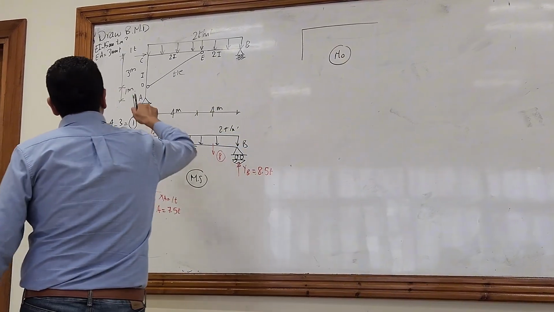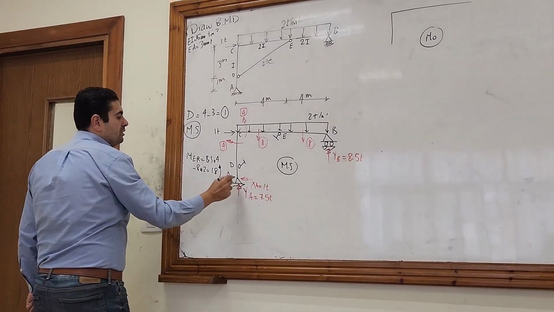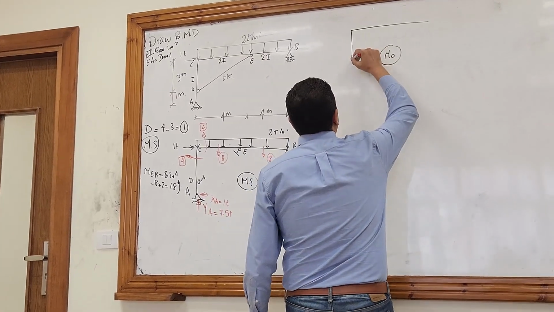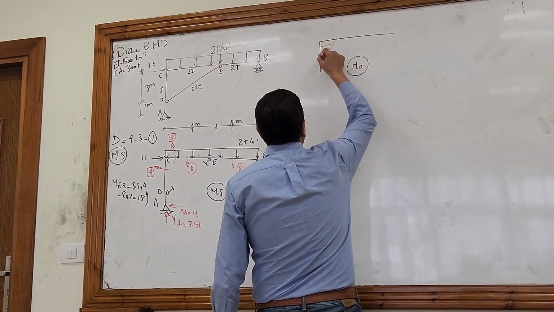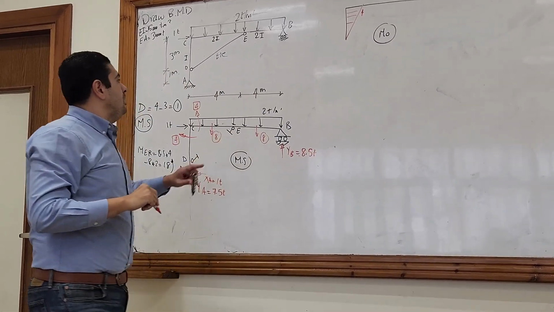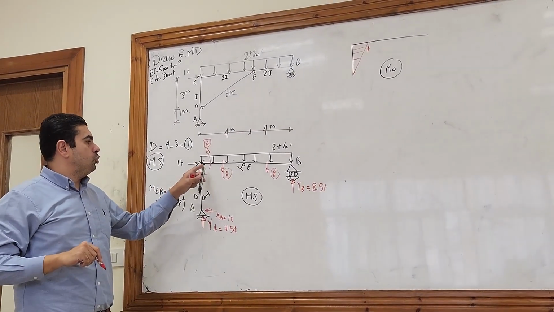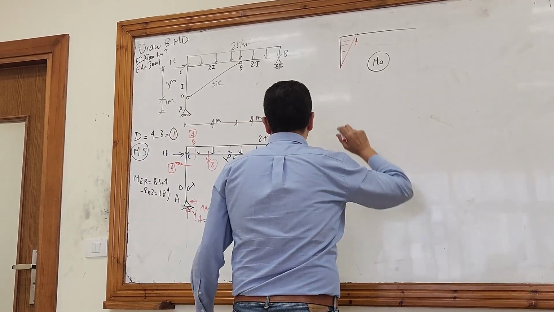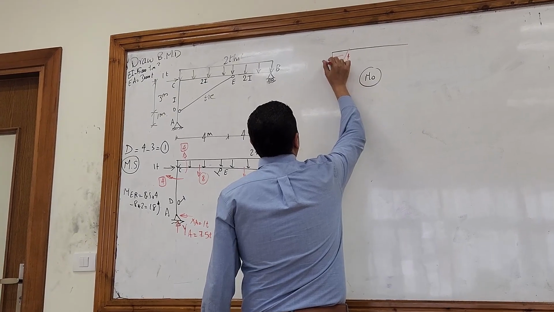The column CA, the moment at A equals 0 and at C equals 4. For CB, it's divided into CE and EB. The moment at C is 4 below the datum.